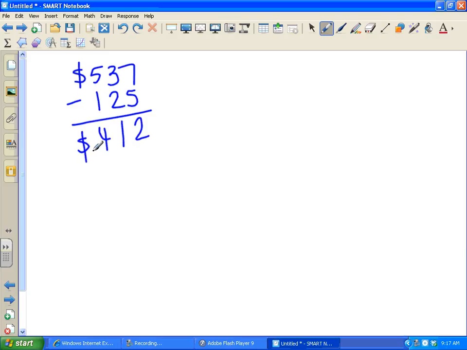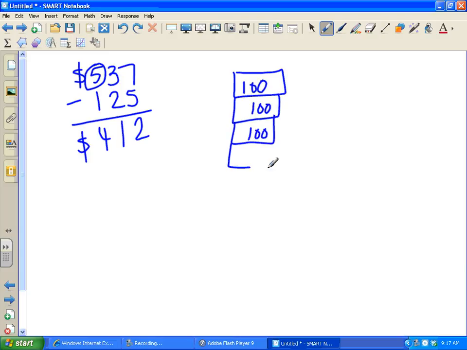Okay, now we're going to see if that would work doing the money. If I draw $537, Robert, how many hundreds do I need to draw? Nope. 5. Okay, 100, 200, 300, 400, 500.